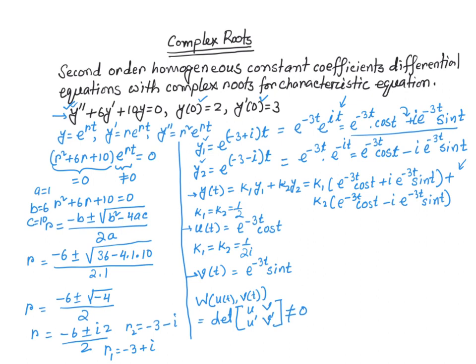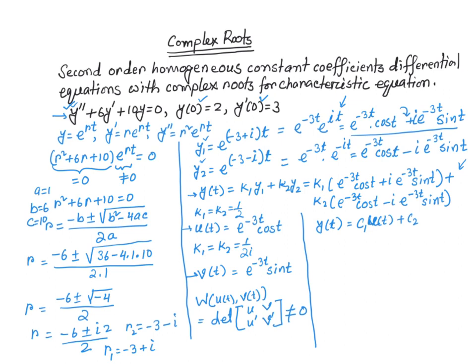So having said that, now let's go ahead and get our final solution. My final solution without the imaginary parts is going to be y of t is equal to c1, some constant, times u of t plus c2 times v of t. It really doesn't matter, I can switch it around.